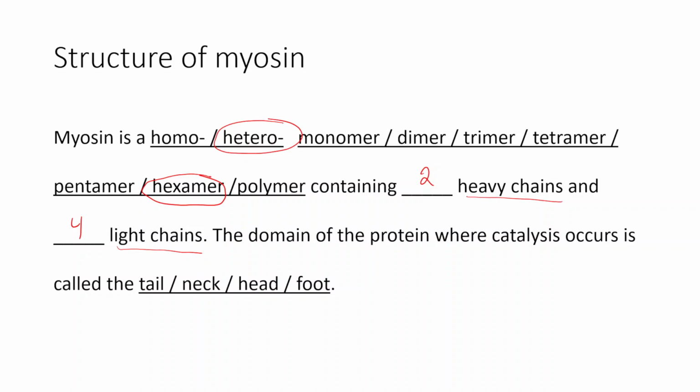And so let's move on to the last part of this question. The domain of the protein where the catalysis occurs is called what part of the protein? Yeah, the head. The myosin heads undergo a conformational change, and this ultimately helps to shorten the sarcomere. Any questions about structure of myosin?